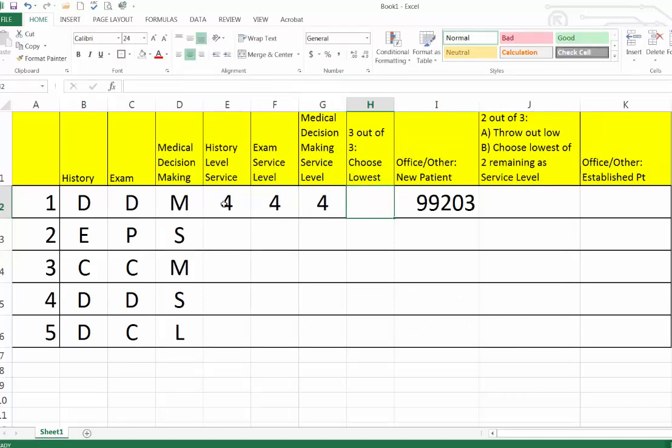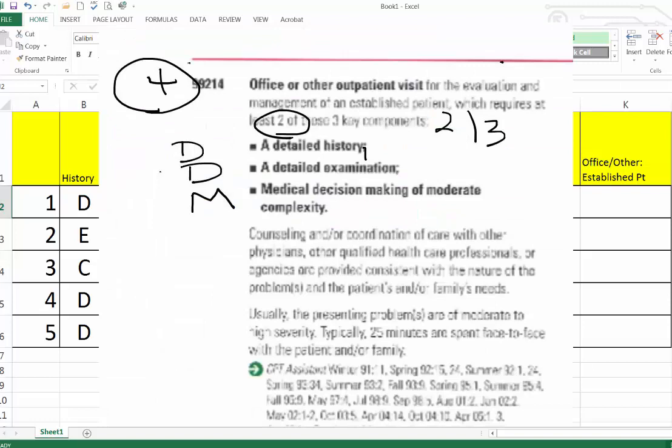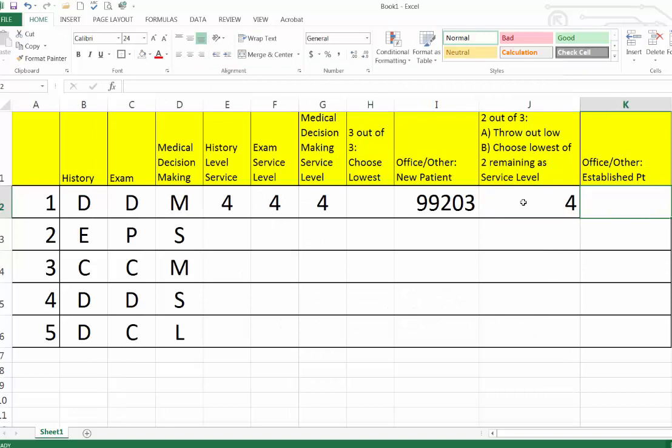So for that one, they are all 4s, and even though we drop one of the 4s, we choose the lower of the remaining bullets, which are both 4s, and so we're going to have a service level 4. So if we have a DDM for established patient in the office, we'll bill a service level 4, and that will equate to code 99214 on the claim form.